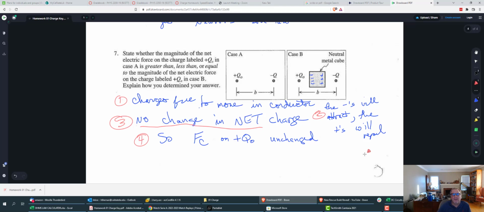So you have your mobile charges in the block of metal. The negatives will be pulled to the left, the positives to the right. And yes, you might argue that now I've added an extra bit of attraction between Q0 and the cube, but I've also got a little bit of repulsion because of the positive side.